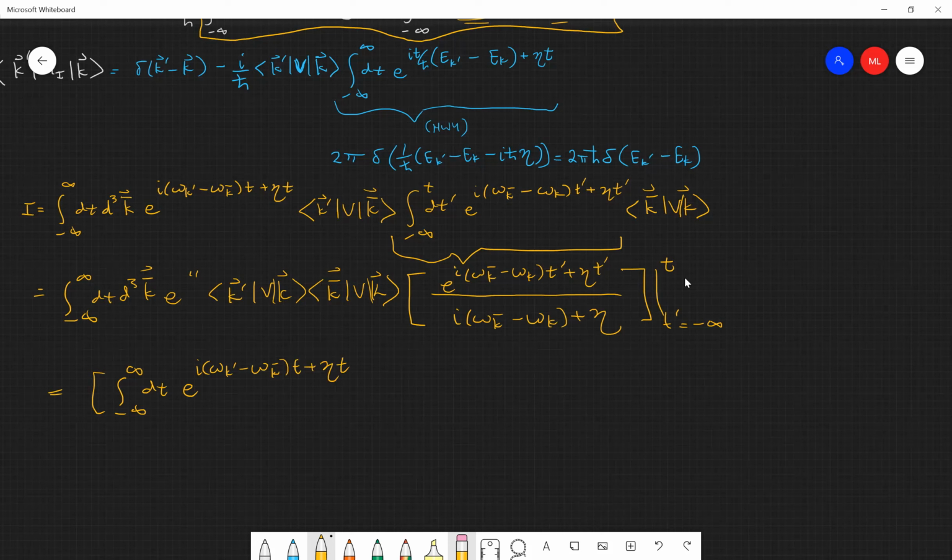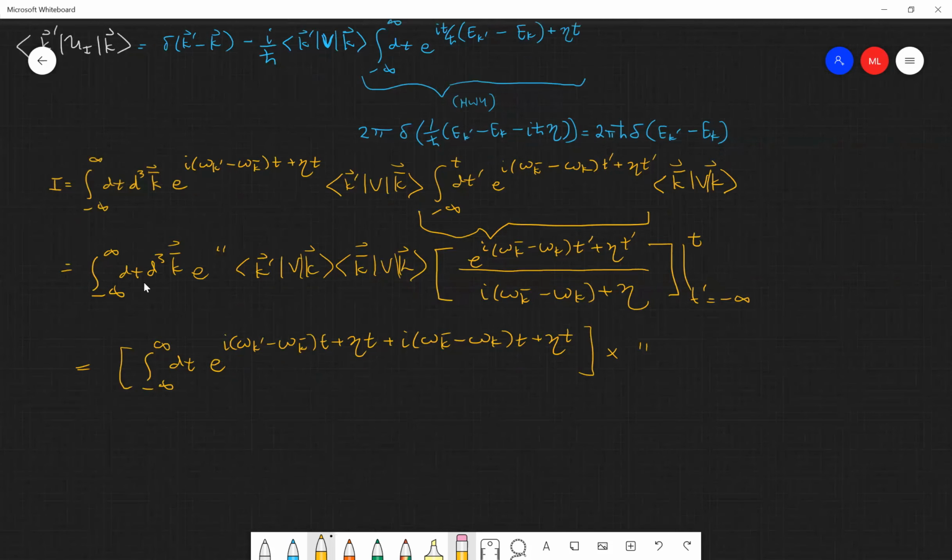And then you'll also get the plus i(ω_k bar minus ω_k) t plus eta t in the exponent. So that's the leftover, times all the other stuff that's left over.